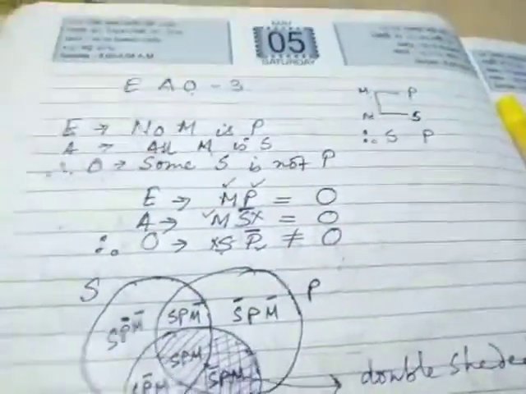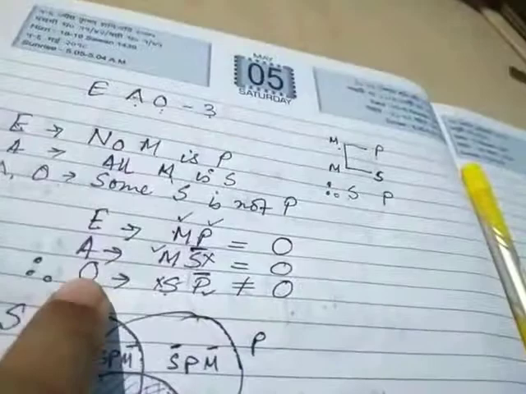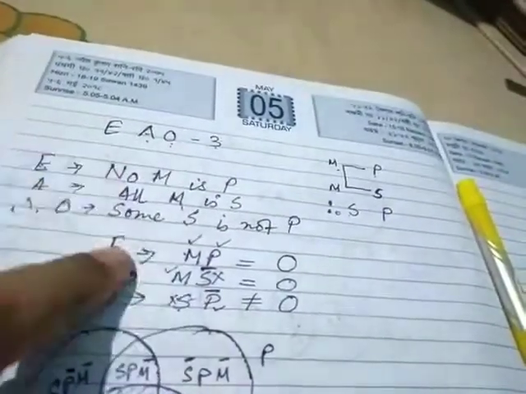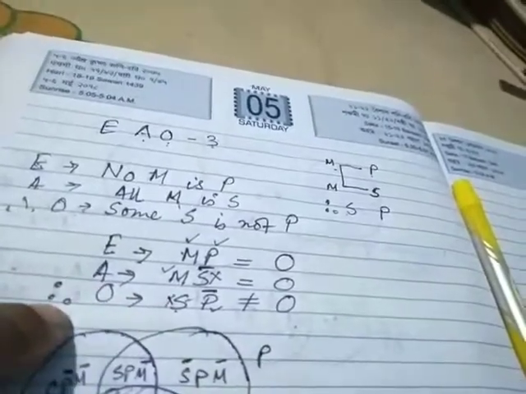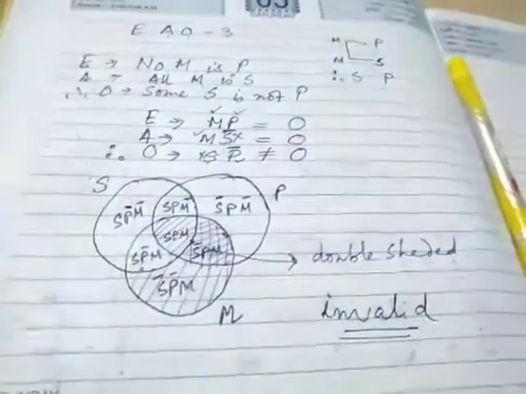So what is the reason behind the invalidity of this syllogism? That if the conclusion is particular, that means actually one of the premises must be particular. But here we can see the premise is not particular. So in this way we can draw the Venn diagrams to find out the validity or invalidity of the arguments.